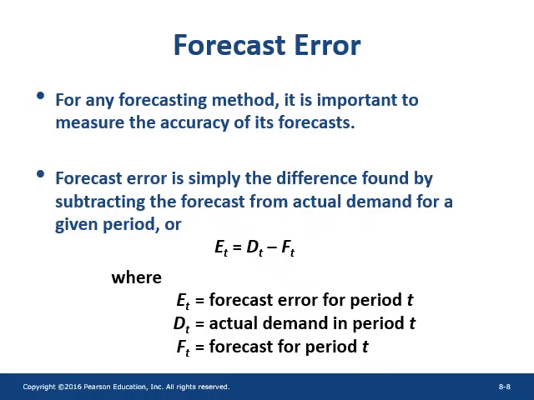So when we think about forecast error mathematically, it's simply the difference between what happened and what we forecast. So we would say that's D sub t, which is what happened, actual demand in a given period, minus F sub t, which is the forecast for that period.